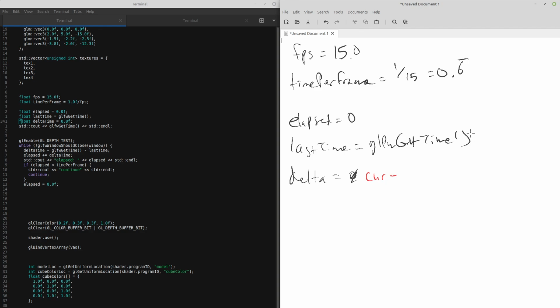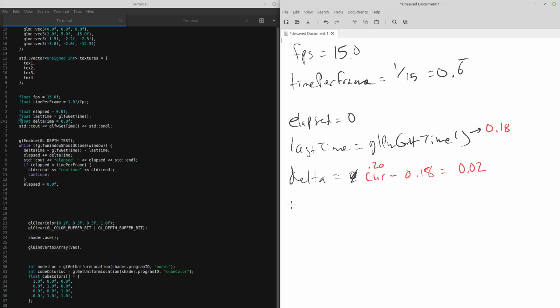So, for example, if this was 0.18 or whatever it might be, and this might be 0.20, 0.2 minus 0.18 means the amount of time that's passed since we last did this was, I don't know, delta time is 0.02.